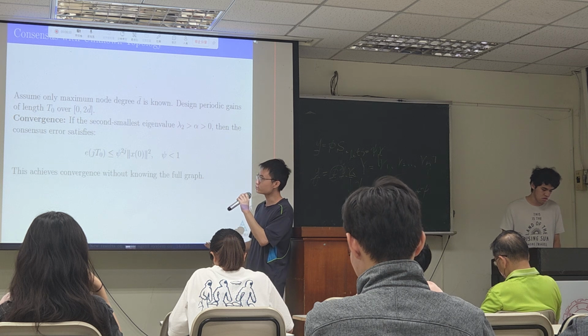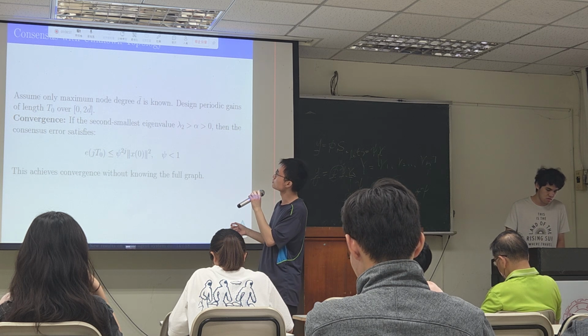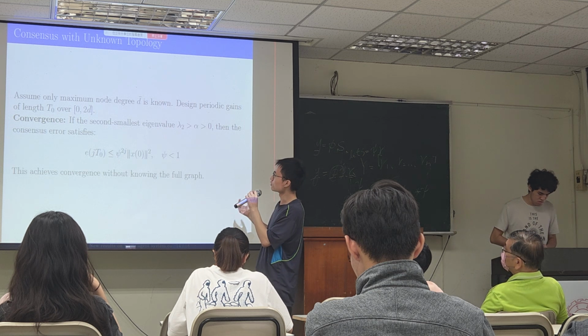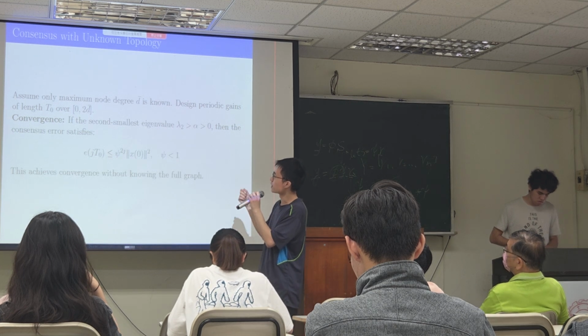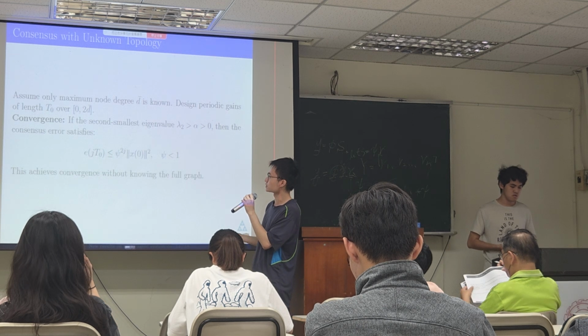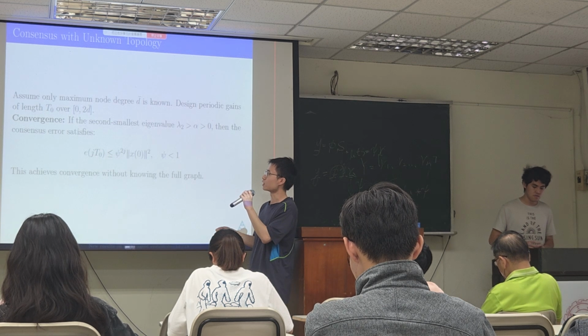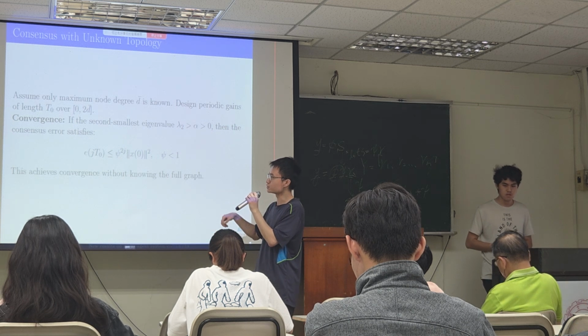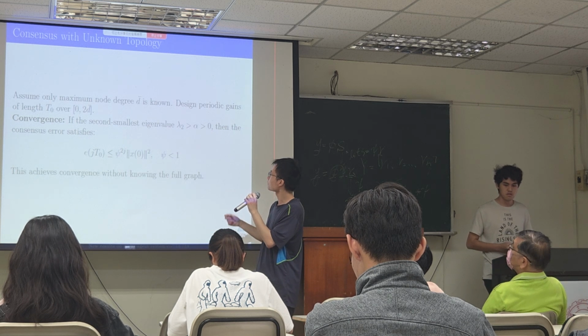And this is another unusual case. Assume we don't know the structure, unknown topology. Assume only the maximum degree D bar is known. Design periodic gains of length T0 over 0 to D bar. So convergence may occur over time.